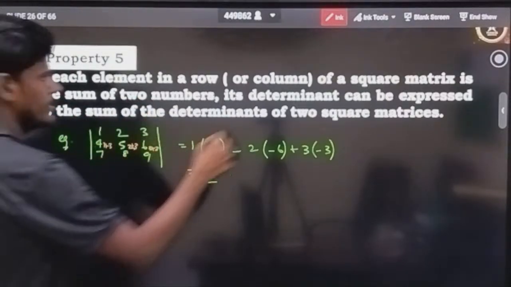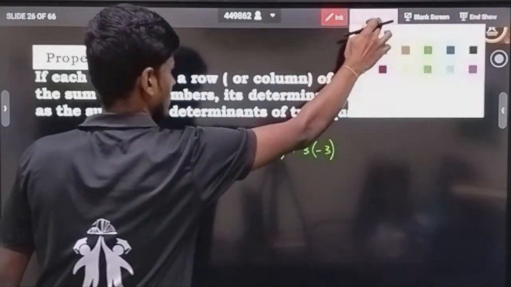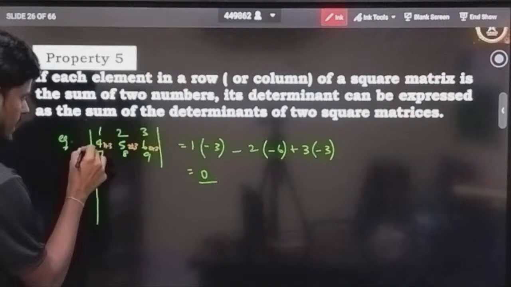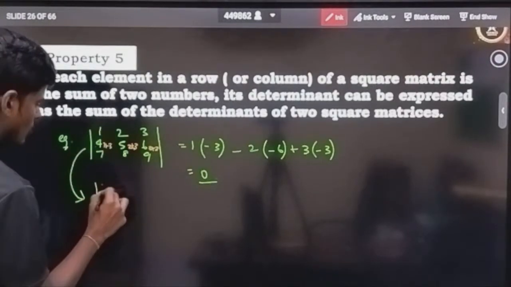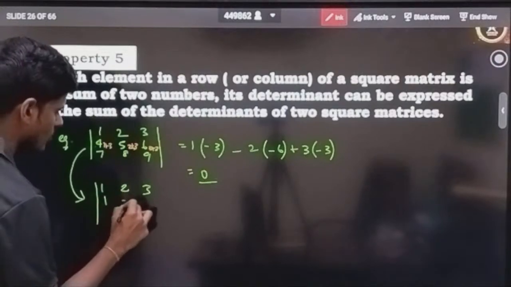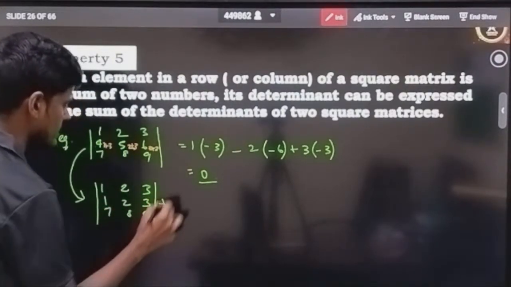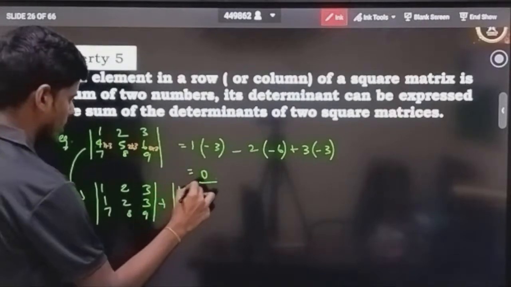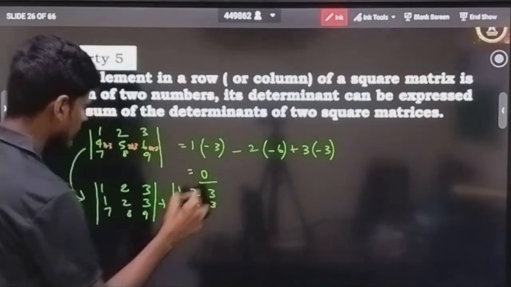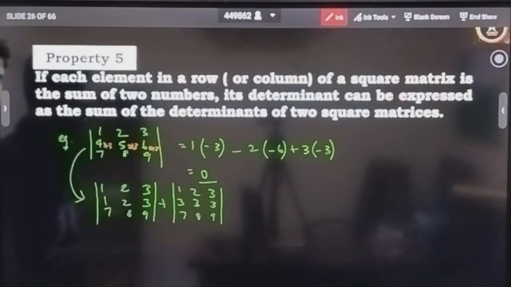So we can write this determinant by splitting the second row: the determinant of 1, 2, 3, 1, 2, 3, 7, 8, 9, plus the determinant of 1, 2, 3, 3, 3, 3 and 7, 8, 9. This is what this property means.